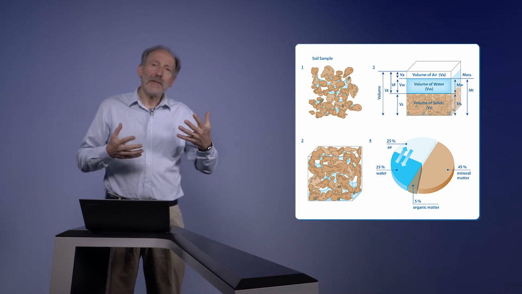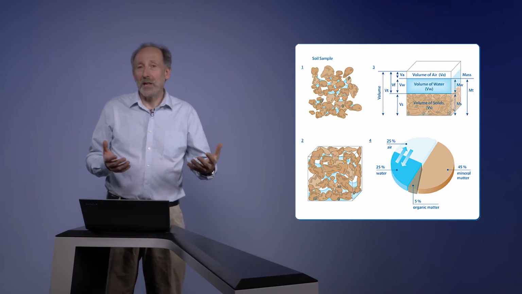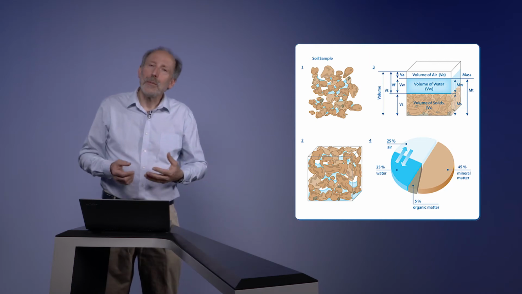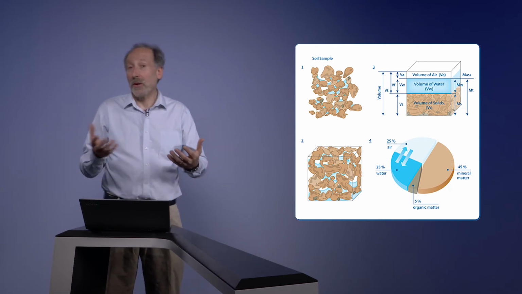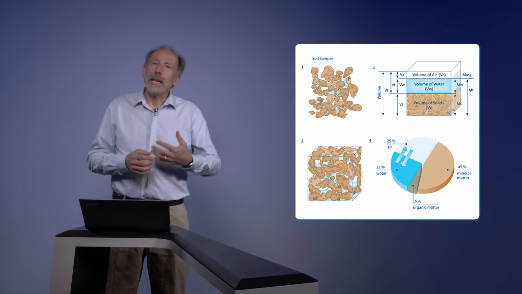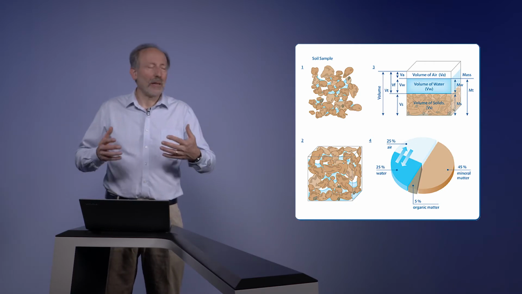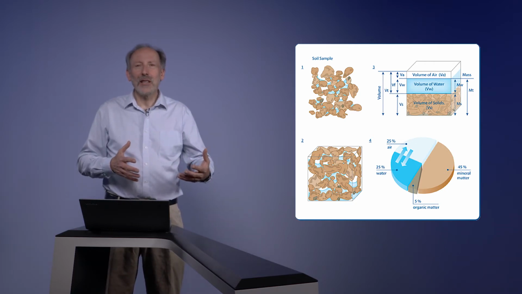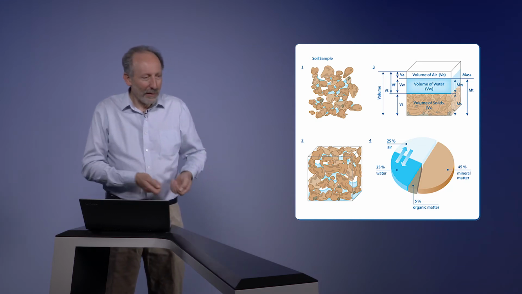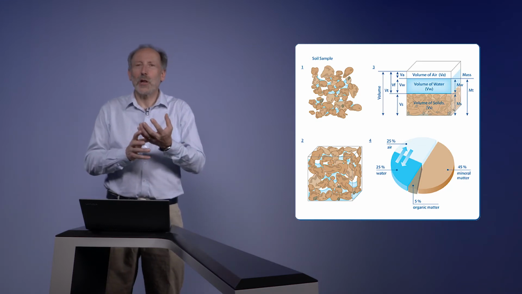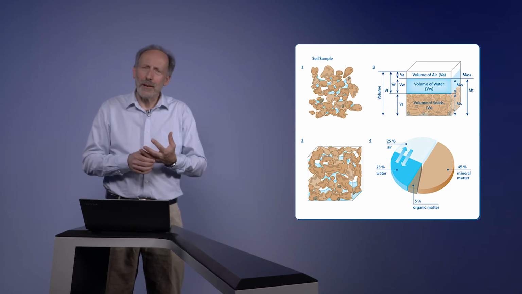Now, these phases could be considered in two different ways at least. We could consider them in terms of their mass or their volume. So imagine if we are a naive soil scientist, we go to the field with our shovel and we dig a chunk of soil out and we want to know how much water is there.